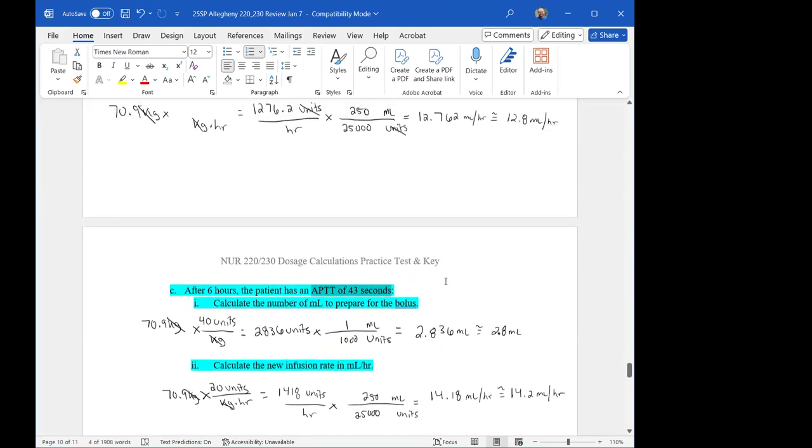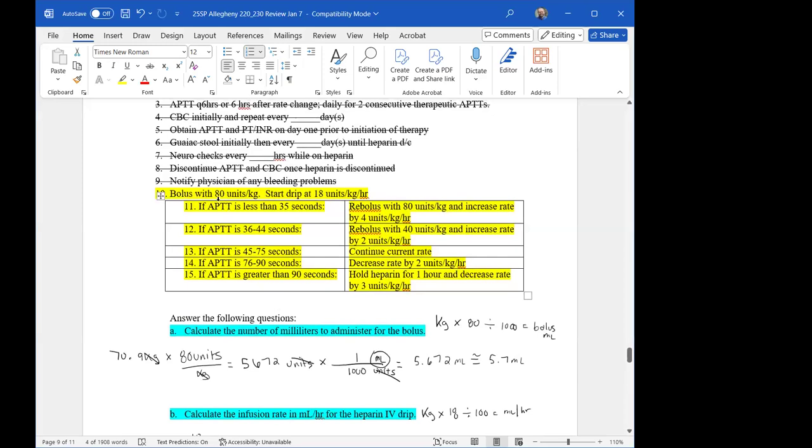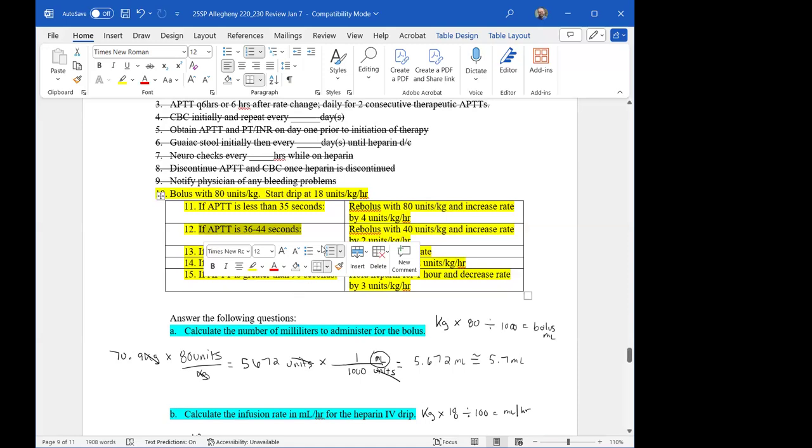When I go up to the protocol, this is where that applies. It says if the APTT is, and then you just look for the range it falls into. Since it's 43 seconds, we're going to use step 12 of the protocol. What does step 12 tell us to do?